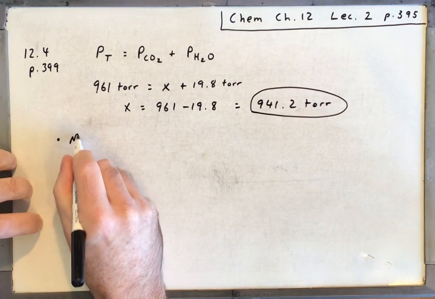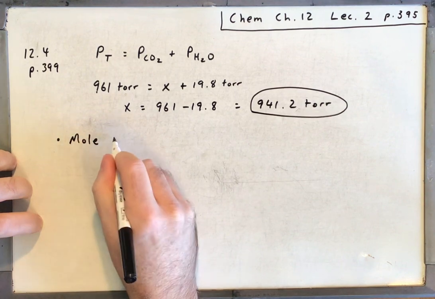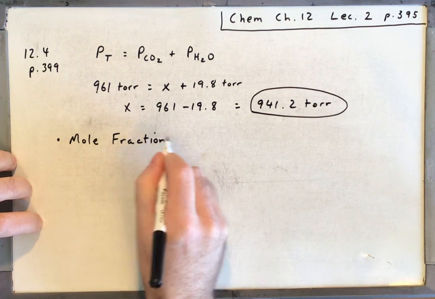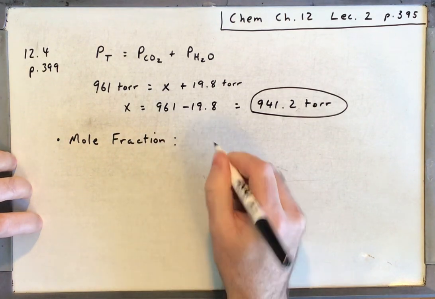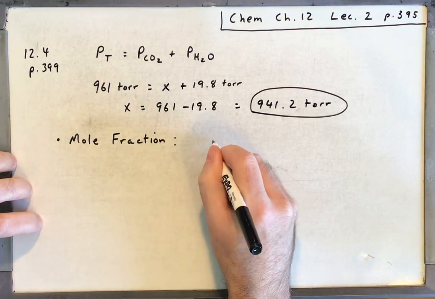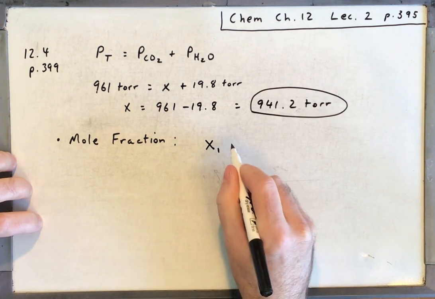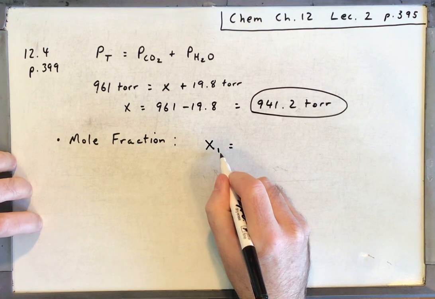All right, so this still has to do with the pressure on gases in a container. So mole fraction, if I'm going to figure out the mole fraction of, let's say, gas 1, we'll call that X1. We use X to denote mole fraction.